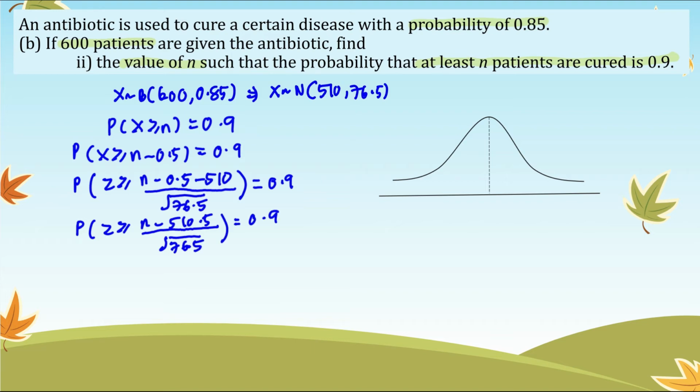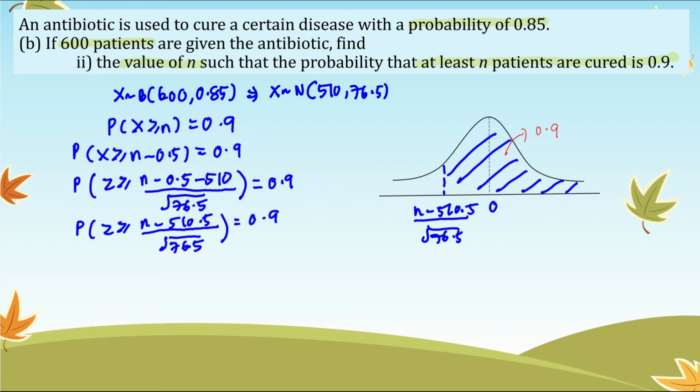Now we want to look at the area in the bell shape. (n - 510.5) / square root of 76.5 should be on the left side, because the probability value is more than 0.9.